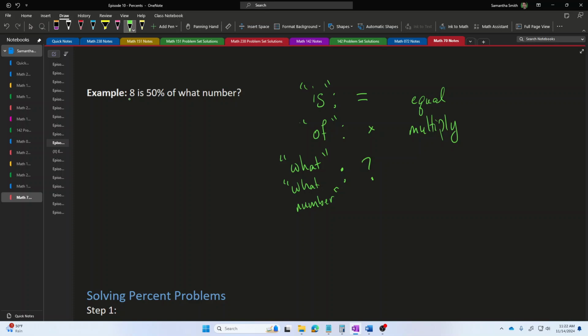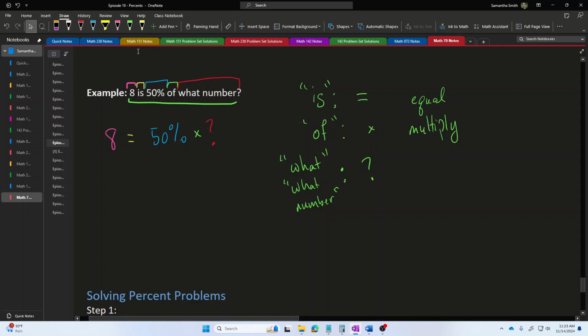So if I write down this sentence one piece at a time, I would say the number 8 is equal to 50% multiplied by what number? 8 is equal to 50% times question mark.